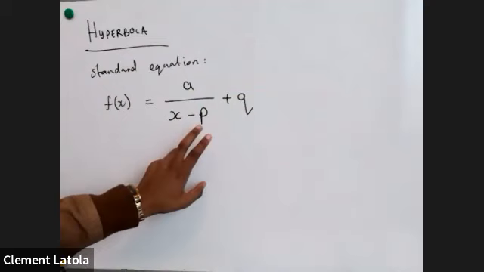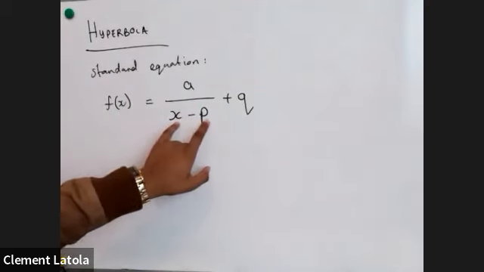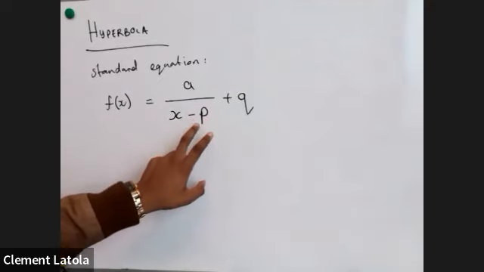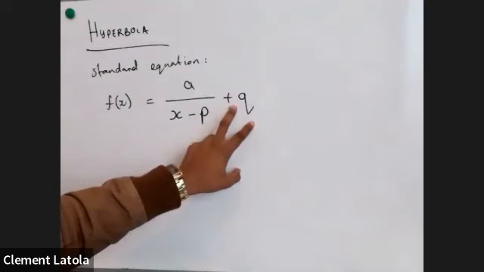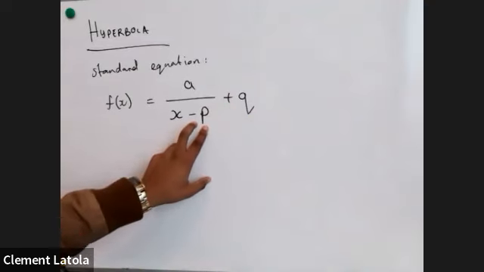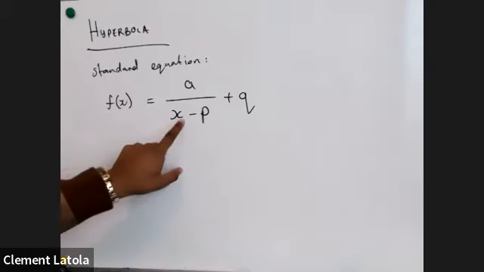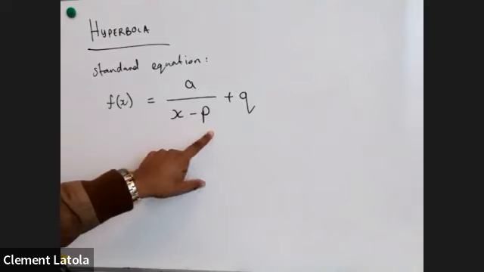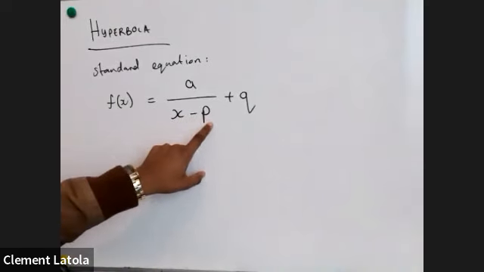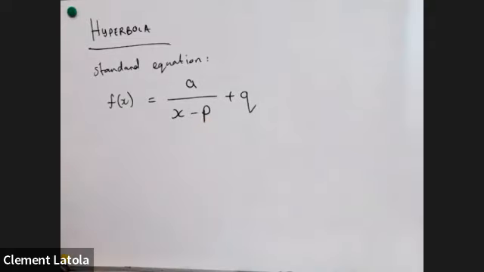Notice we again have this negative here with the x, with the p. So p's value is always going to be a tricky one to find. Q will just be exactly what it is here, but p will change. So you just need to keep that in mind. If this is x plus 1, then it means that p's value is negative 1. And if it's x minus 1, then p's value will be positive 1, because of that negative.